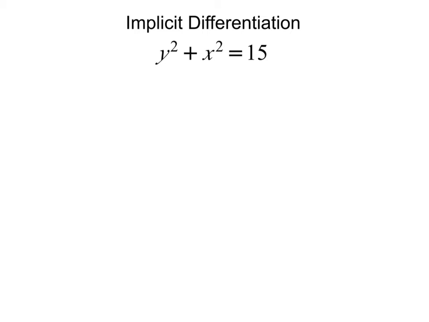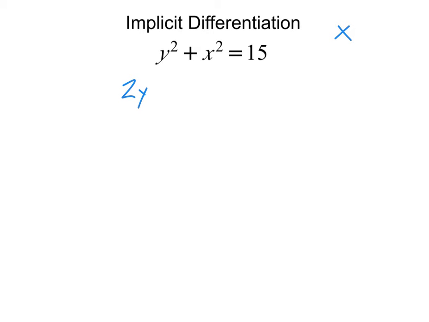If I were just finding the implicit derivative of this, remember that we've been finding the derivative with respect to x. We just always assume that if it's x and y, we're taking the derivative with respect to x. Which means that when I find the derivative of y squared, it gives me 2y times y prime, the derivative of y, because y was a function of x.